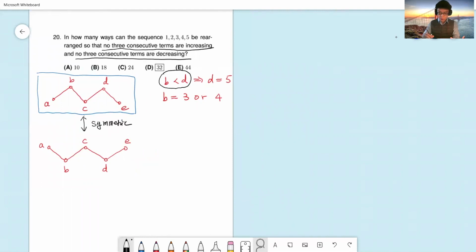First case, D is 5 and B equals 4. Here we just put 1, 2, 3 in the bottom row, and any arrangement works. So we have 3 factorial equals 6. Second case, D equals 5 here.